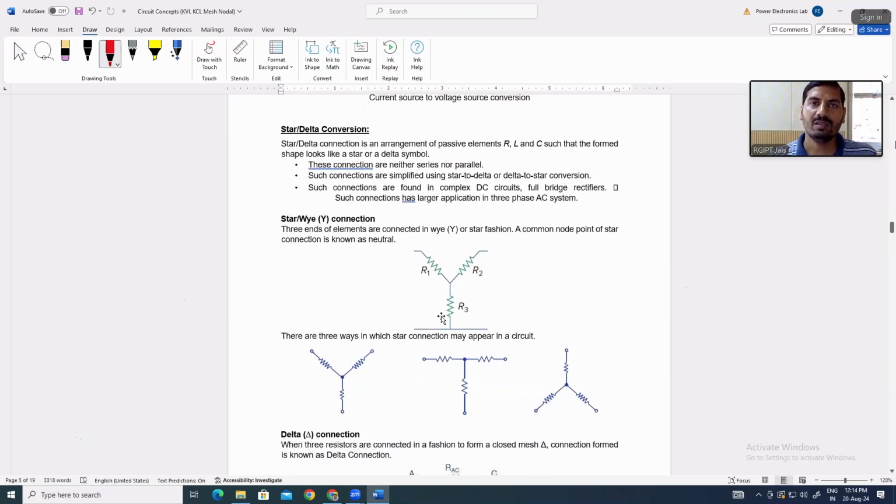Star means it is also called a Y connection. You can see that here resistive elements are given. This is R1, R2, R3. They are all connected in star. So this is a star connection. It is also called a Y connection.